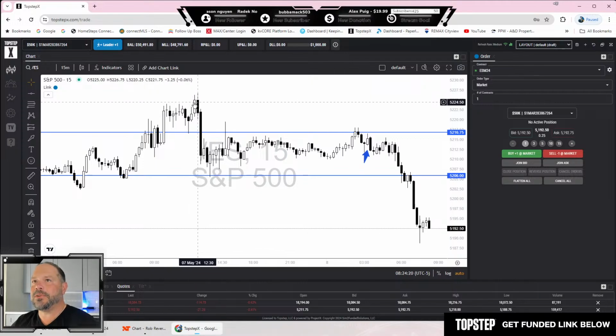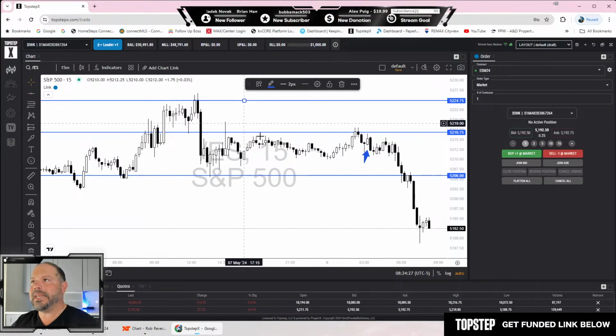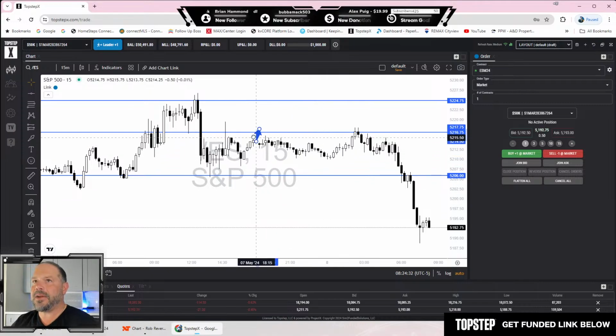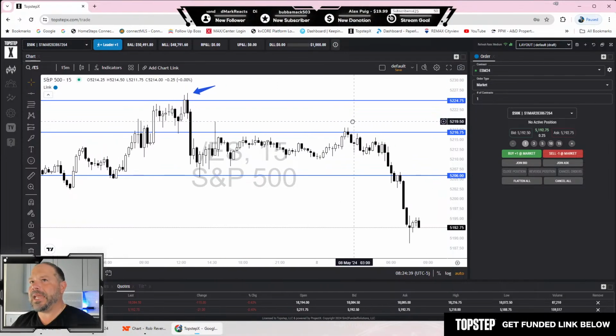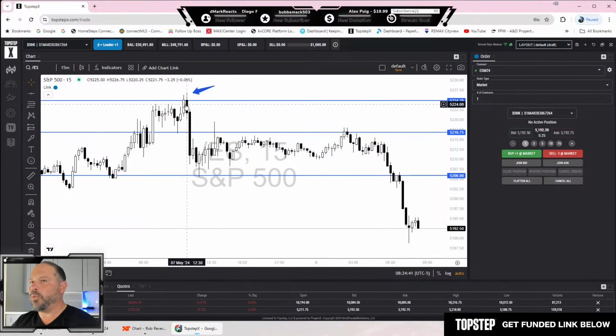Here is an absolutely perfect A+ setup in my opinion, which is a level on the S&P right here at 52.2475. This, in my opinion, would be an absolute A+ setup because one, you have a clear uptrend, you get something that stops the market, and then you get a strong reversal out of that market.